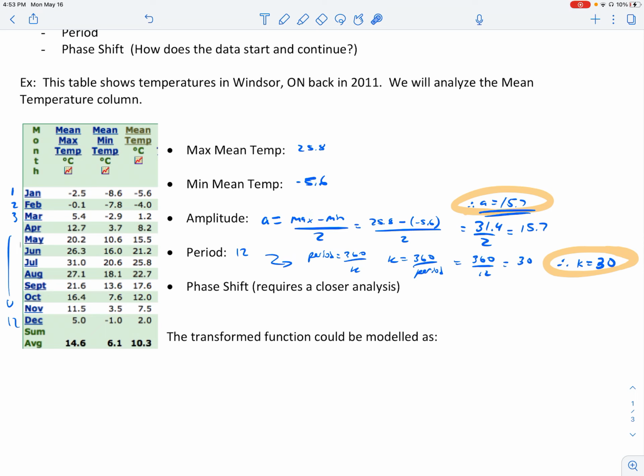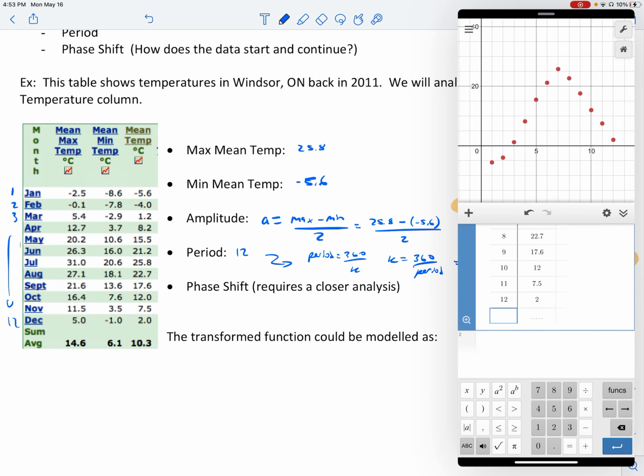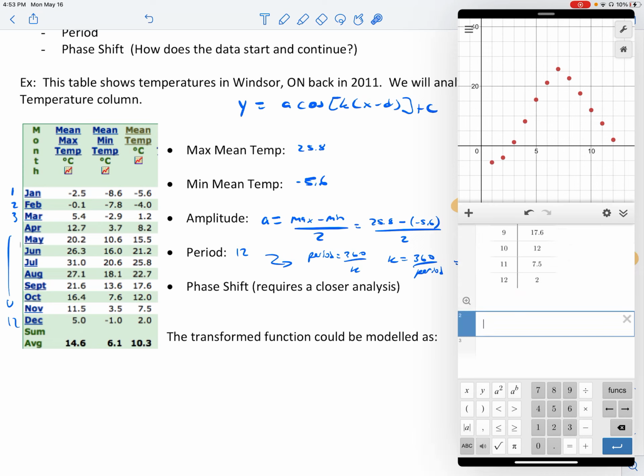At this point, let's enter this into our equation. So I'm going to start to model an equation that fits this, and we'll do cos first. So we're going to model something that looks like this. So I still got a few more things to calculate, D and C, but let's just see how our graph looks for the time being.